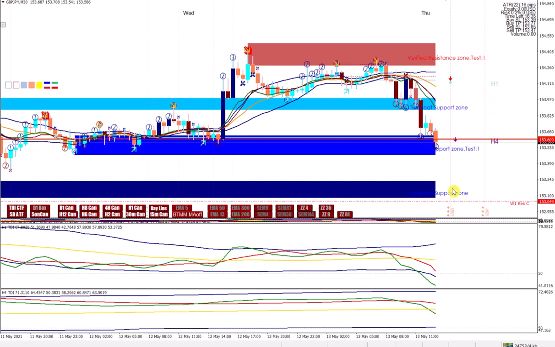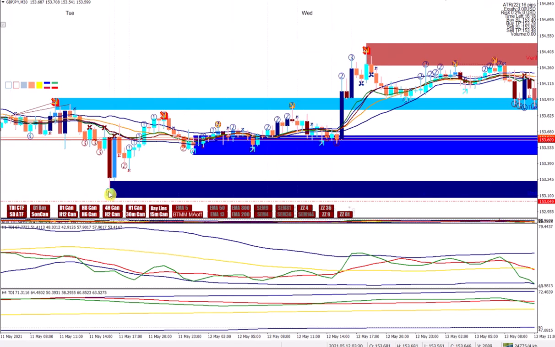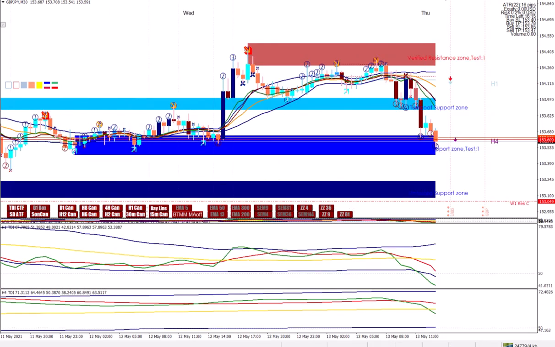This is actually a demand zone, not a support zone. The support zone means that the demand zone has been touched many times, right? Therefore, it becomes a support zone. When it's demand, it's been touched only once, as you can see there.